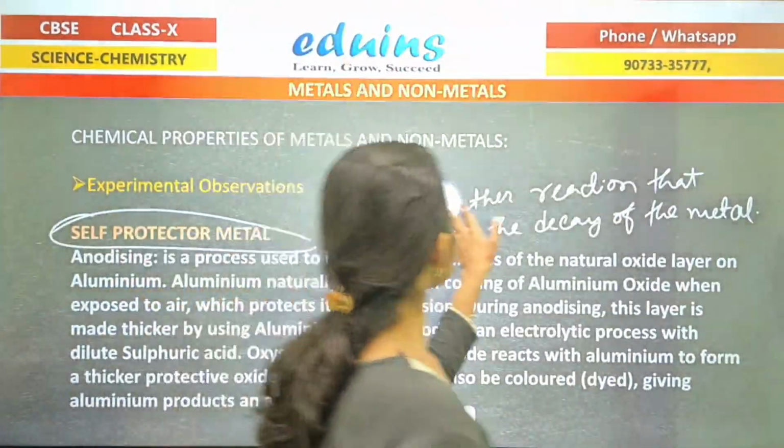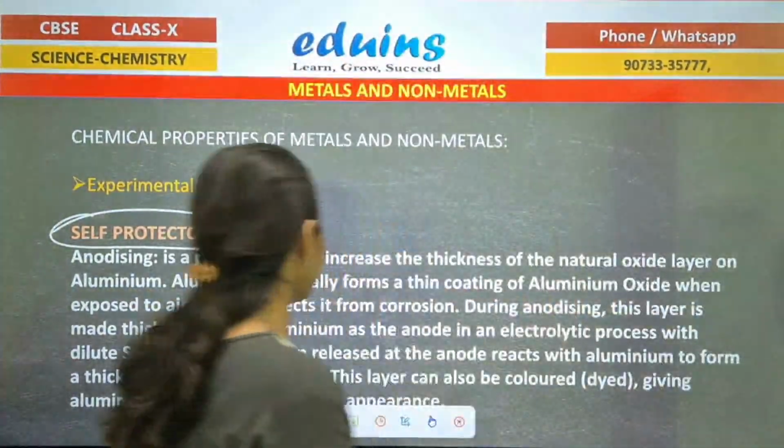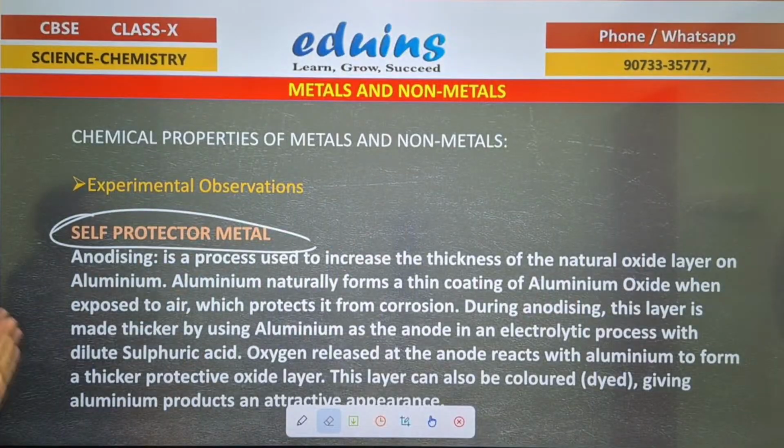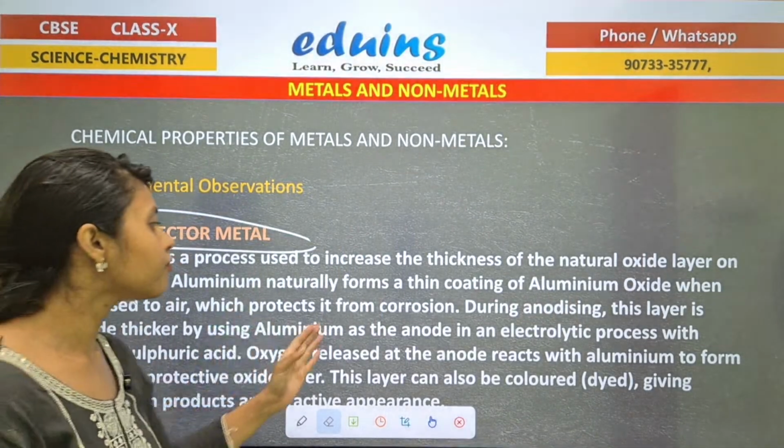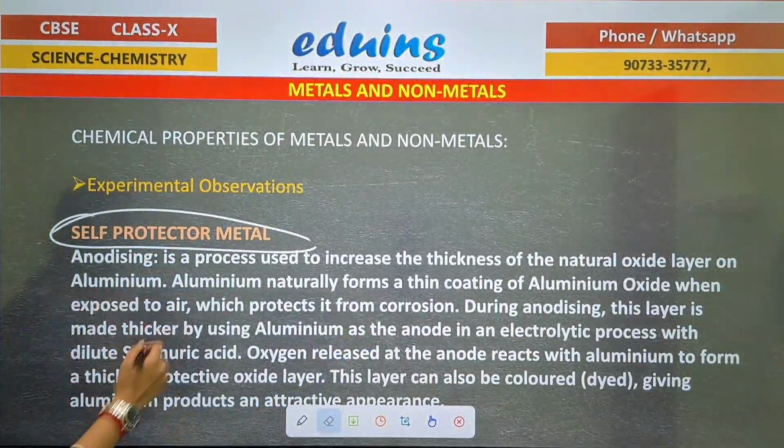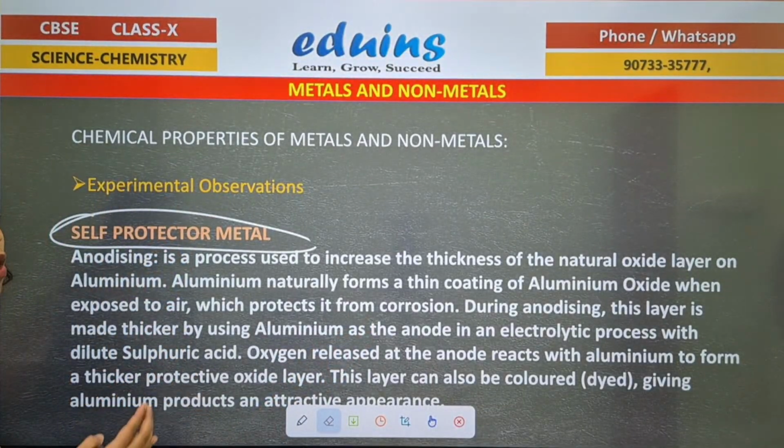So the anodizing protects it from corrosion. That means the aluminium oxide layer or the coating of aluminium oxide throughout the surface of the aluminium.